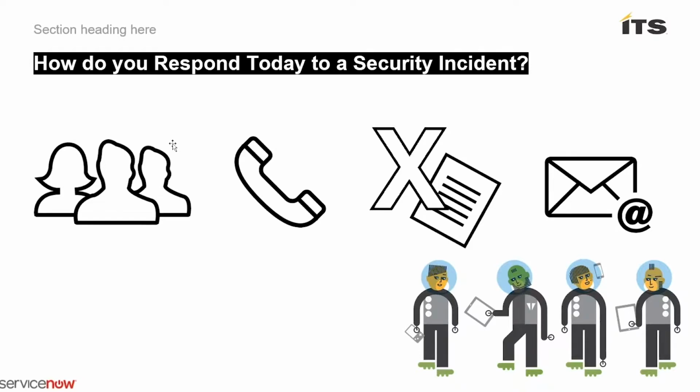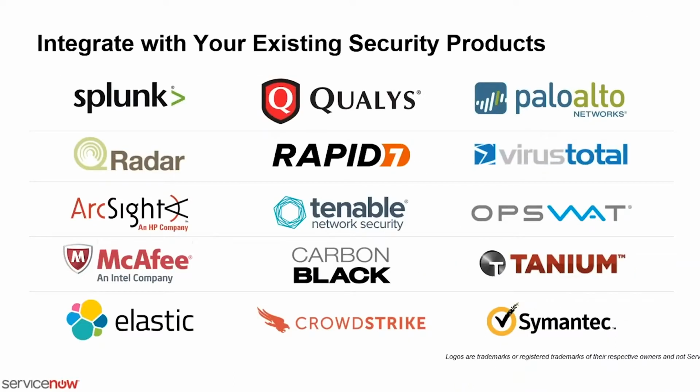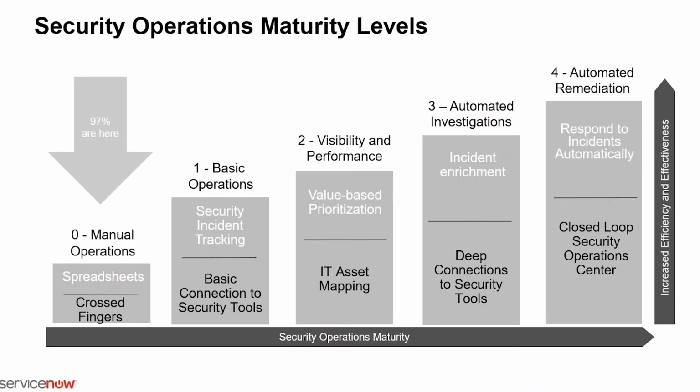Are you picking up the phone and calling some colleagues, walking to their cubes, or maybe shooting an email? Based on your answer here, the majority of customers today are in this manual mode of responding to a security incident.